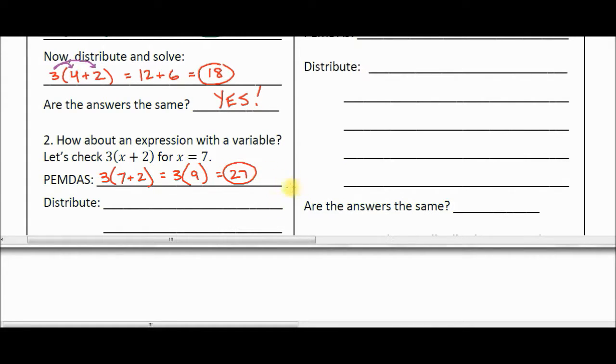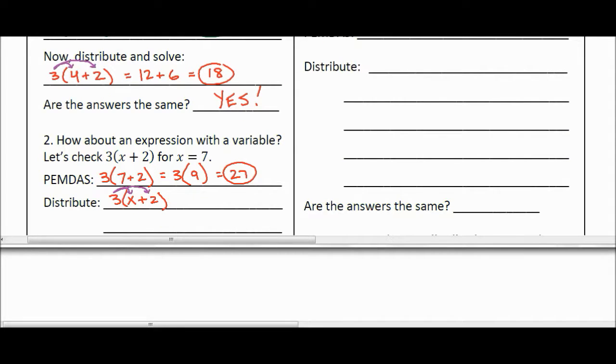Let's go ahead and distribute now. In this case, let's leave the x as a variable until the very end. So we're going to start with 3 times x plus 2. Remember our distributive property, or distribution. We're going to distribute the 3 times the x and the 3 times the positive 2.